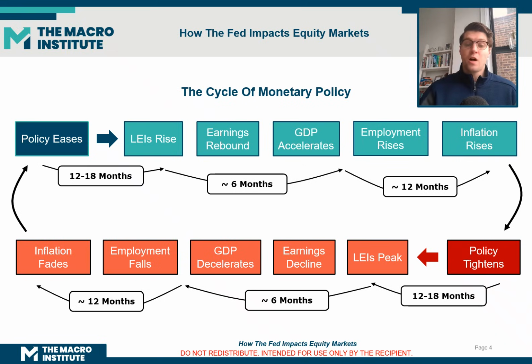So employment falls or the unemployment rate rises, and inflation starts to fade. So at that point, the Fed's more worried about employment, they're less worried about inflation because it's fading, and that's generally when you'll see the Fed starting to cut rates again. And around and around and around we go in this cycle.